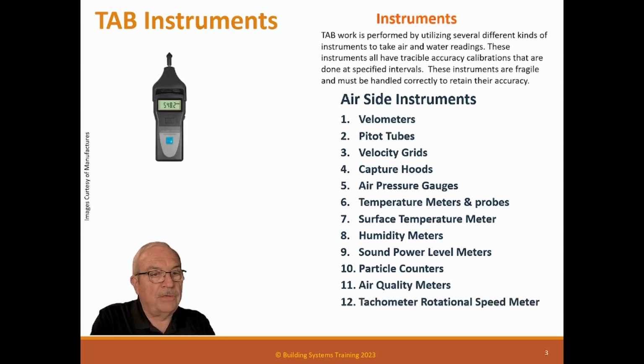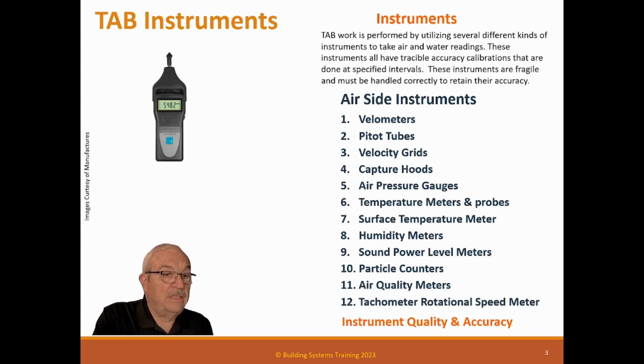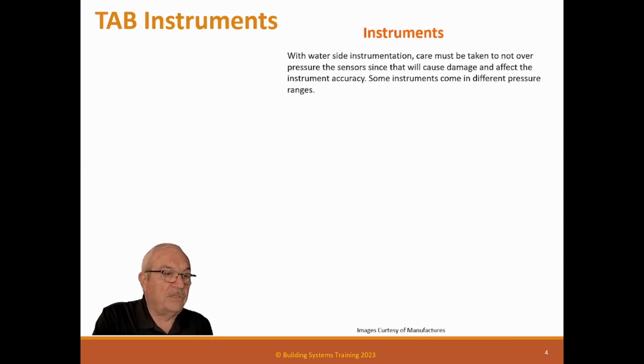Then there are tachometers, rotational speed meters that are able to read how fast a fan or something else is rotating. It's important to buy the best quality instrument you can afford. It has to be within the accuracy ranges as specified, and you have to buy to meet the spec.